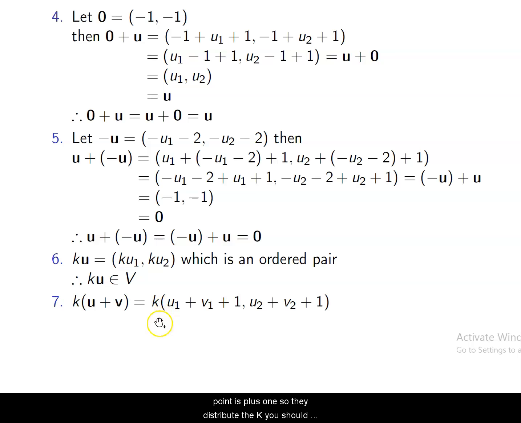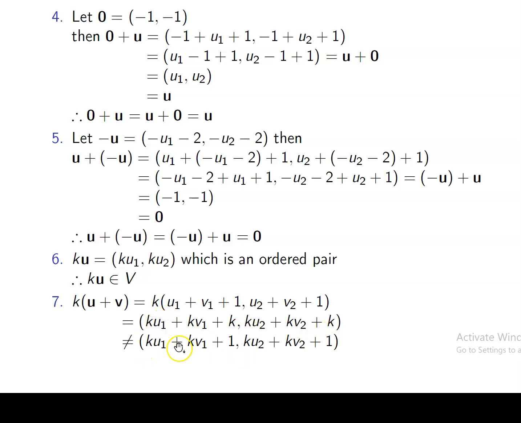So when I distribute this k, you should notice that I got, again, k times everything, which is not the same thing as k times u plus k times the v plus 1, k times the u2 stuff and the k times the v2 stuff plus 1, right? These are different, right? They're not the same thing.